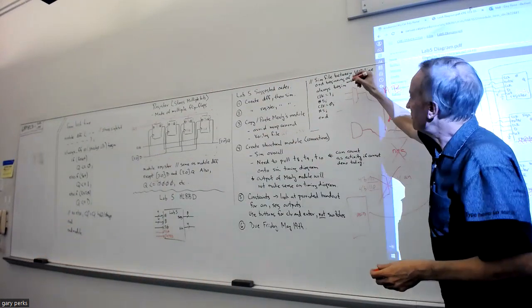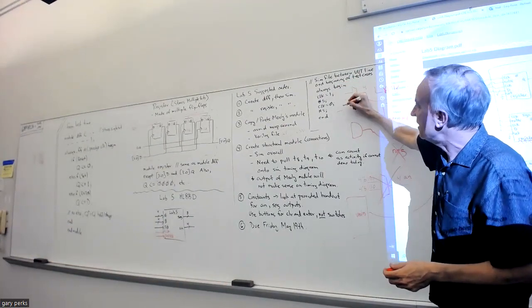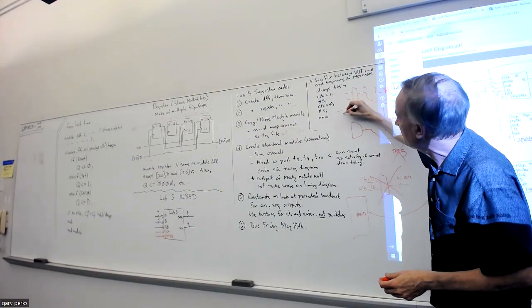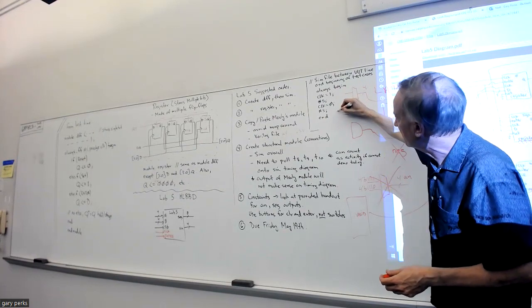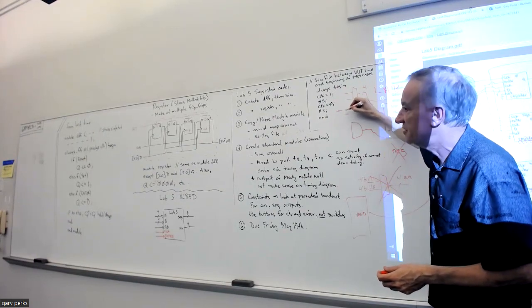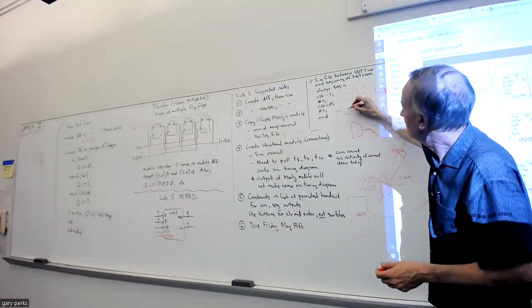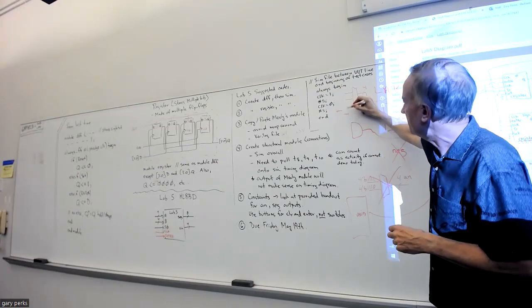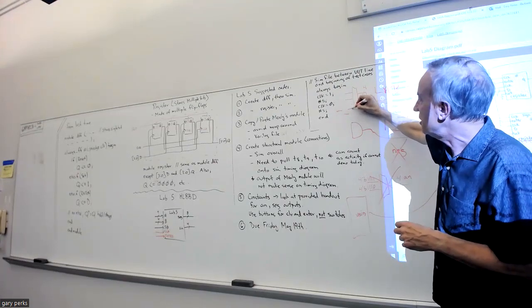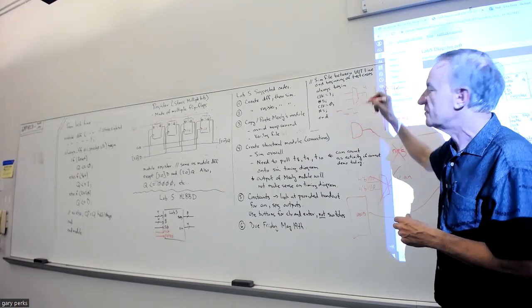So this code is going to keep the clock on for 5 nanoseconds, then it's going to go to 0 for 5 nanoseconds, and it just repeats. So 1 for 5, 0 for 5, and so on.